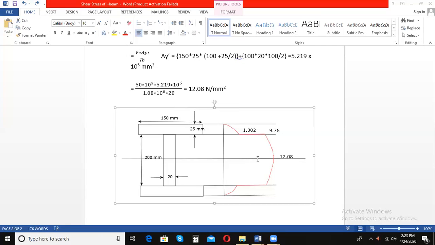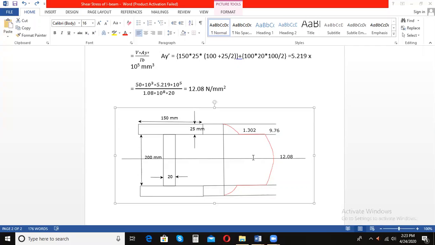You have to remember the basic pattern of the shear distribution diagram. You don't have to write down these values, but remember the shape of the shear stress distribution. At the bottom level and at the top level, the shear stress is 0, and at the neutral axis the shear stress is maximum, and at the junction of the flange and the web, the shear stress increases to a certain level.